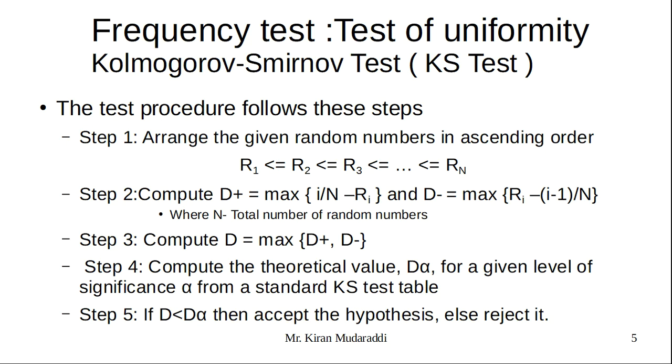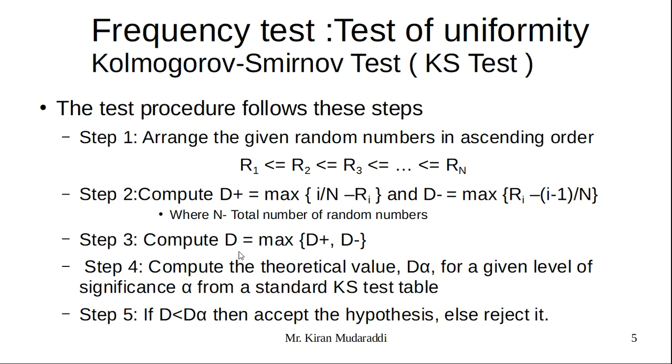Step 1: put the random numbers in ascending order. Step 2: compute two values, D plus and D minus. D plus is the maximum of i divided by n minus ri, and D minus is the maximum of ri minus (i minus 1) divided by n, where n is the total number of random numbers.